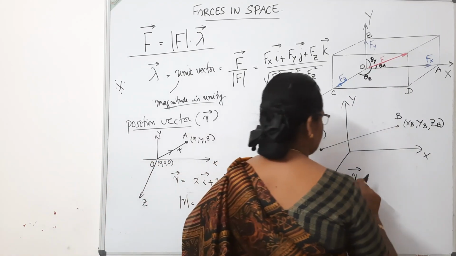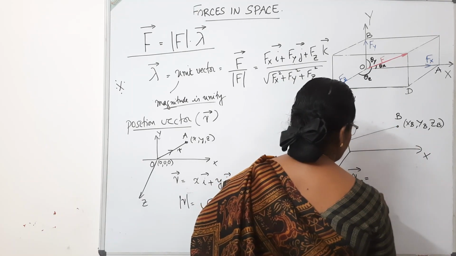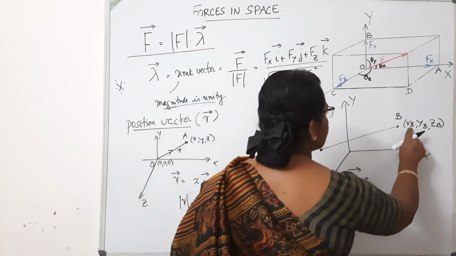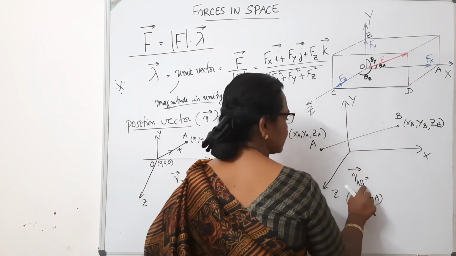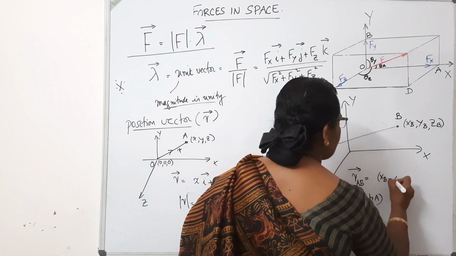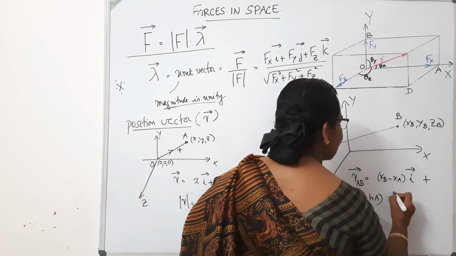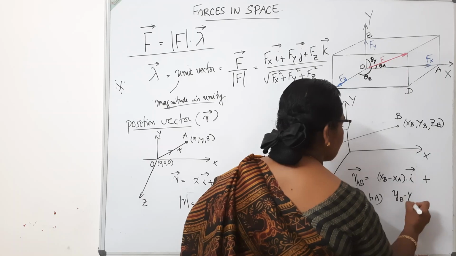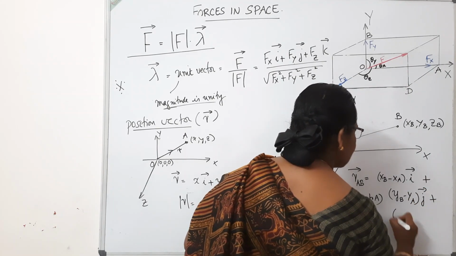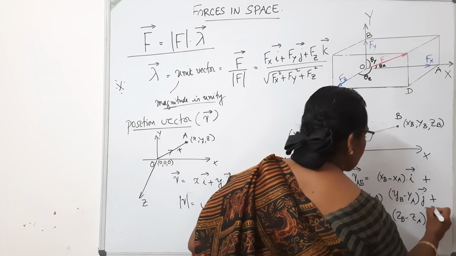The position of B with respect to A is given by the second one, B. So (XB minus XA) into i plus (YB minus YA) into j plus (ZB minus ZA) into k.